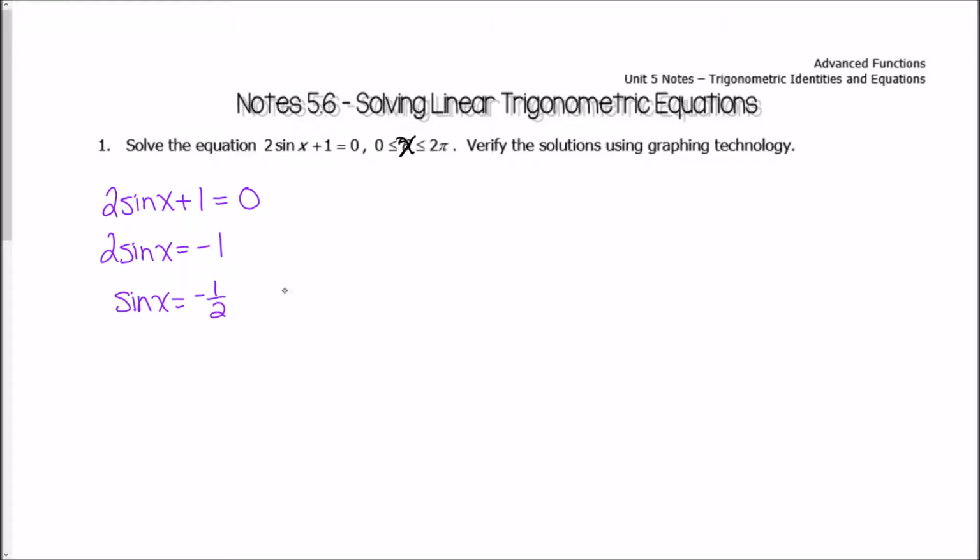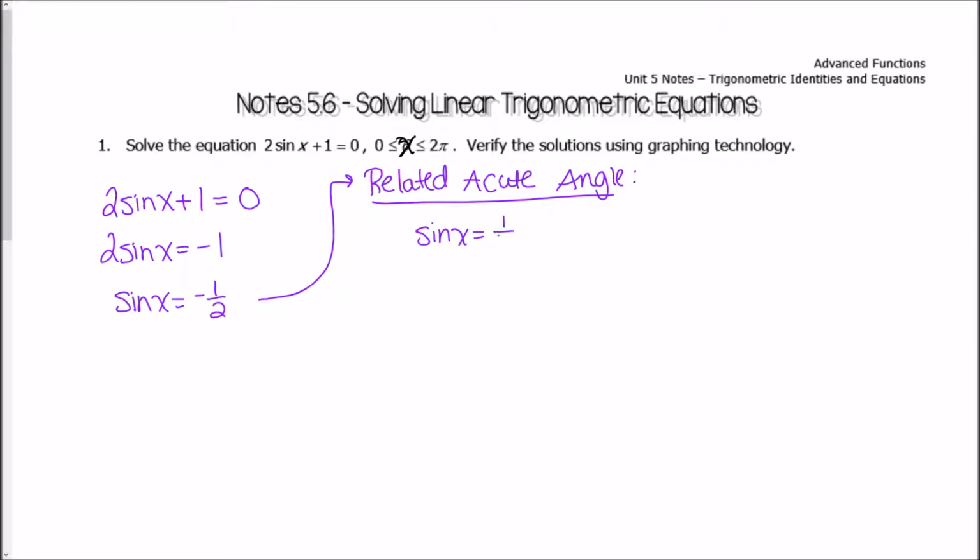Then I'm going to divide both sides by 2, and I get sine of x equals -1/2. Now what I'm going to solve for first is my related acute angle, because once I find my related acute angle, I can use that to help me find where sine of x is -1/2. For my related acute angle, that will happen when sine of x is +1/2, which means x is equal to the inverse sine of +1/2.